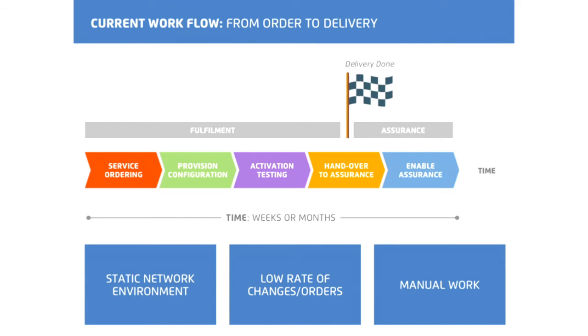So a top priority for operators is to streamline this flow in order to have the design and delivery much more rapid. But there is a small catch here, and a major challenge is that the workflow that we see here is tightly associated with an underlying network that is very static in its nature, and the rate of change is, I would say, very low, and it also involves a lot of manual work.